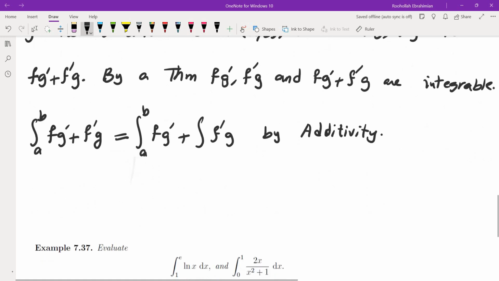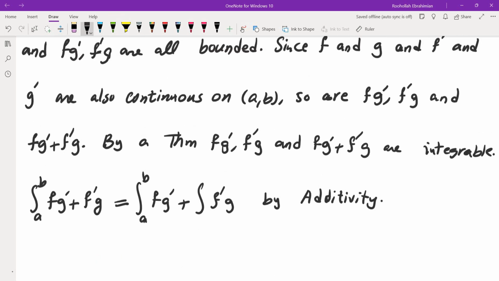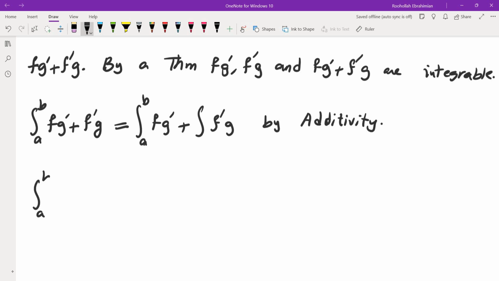However, note that the right side is the sum that we wanted. The left side, the integral from a to b of fg prime plus f prime g, is in fact the integral from a to b of the derivative of fg by product rule.